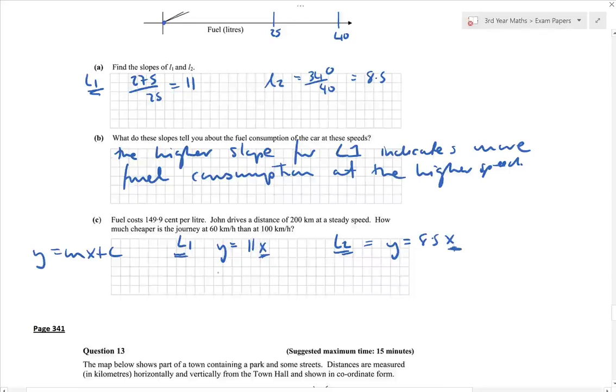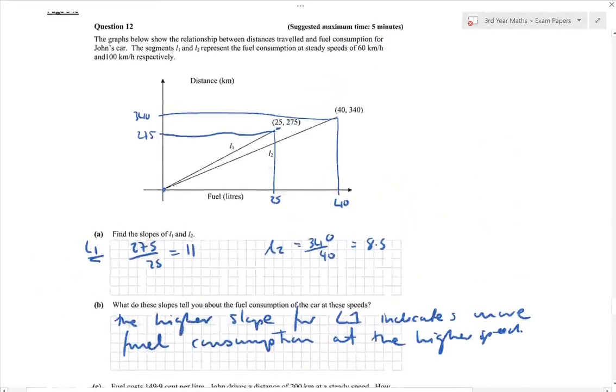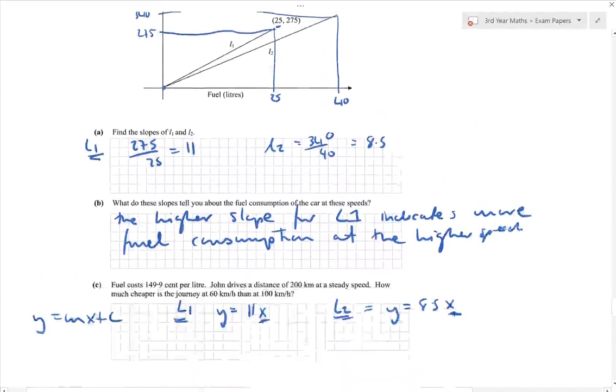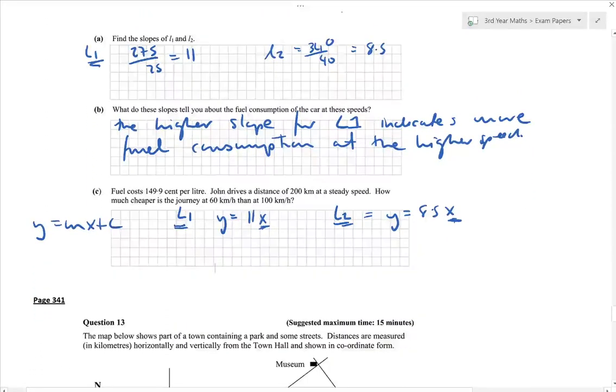Okay, so I'm going to sub in here and say y is our distance, isn't it? Okay, so John drives a distance of 200 kilometers. So I want to figure out how many liters of fuel he will consume.